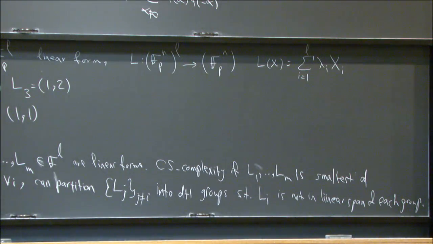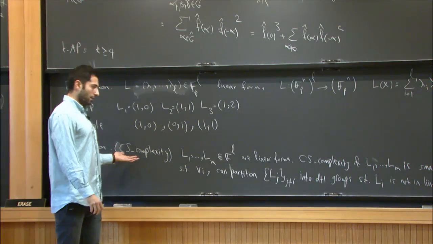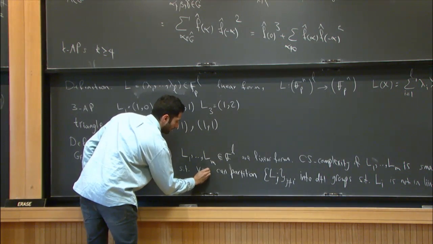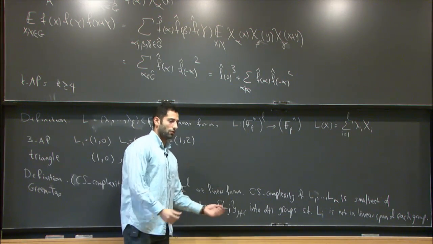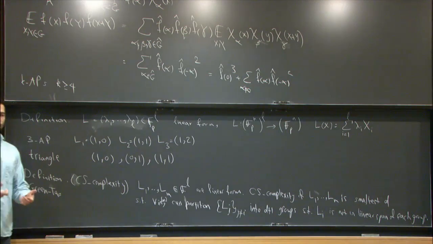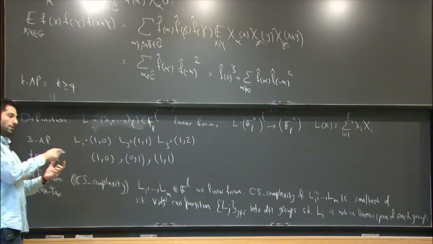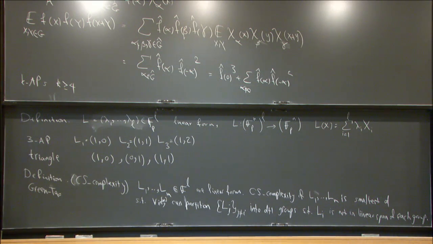This is kind of a strange notion, but the motivation is the fact that for every i in m, we can partition all the linear forms except Li into d plus 1 groups such that Li is not in the linear span of the vectors in each group.